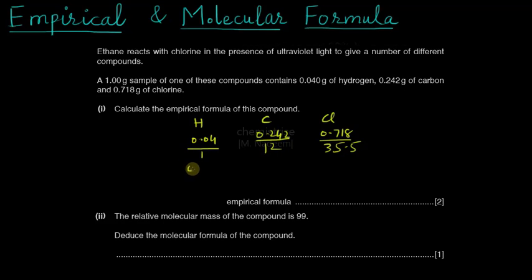So it would be 0.04, it would be 0.02, and this would be again 0.02. So the smallest number that we have is 0.02. So divide all with 0.02. So we get 2, 1, 1. So the formula will be CH2Cl, the empirical formula.